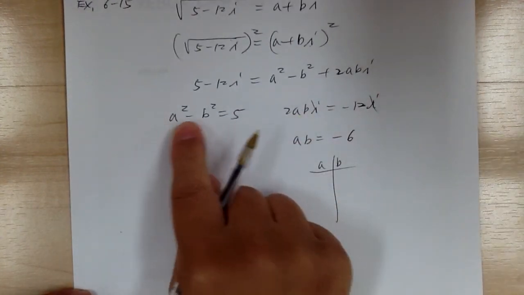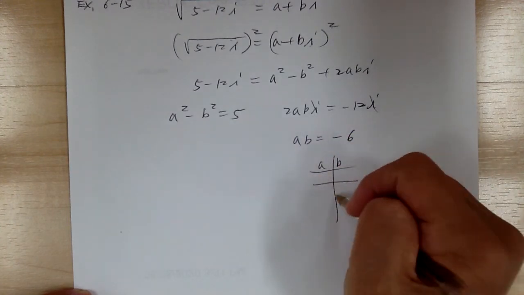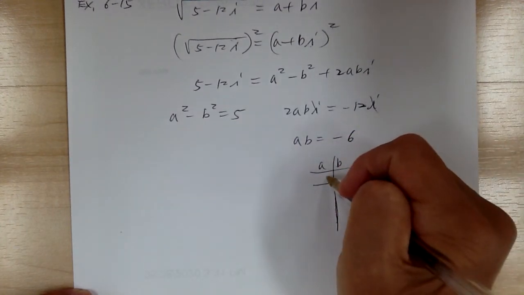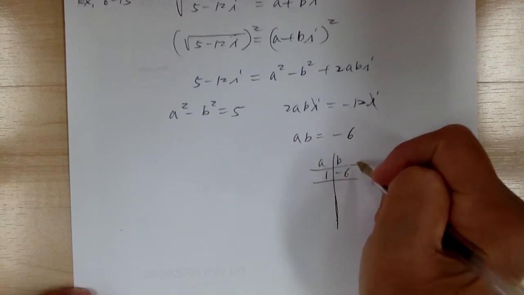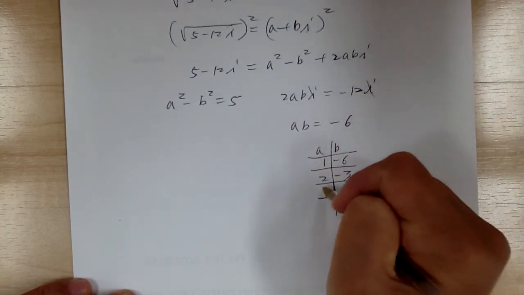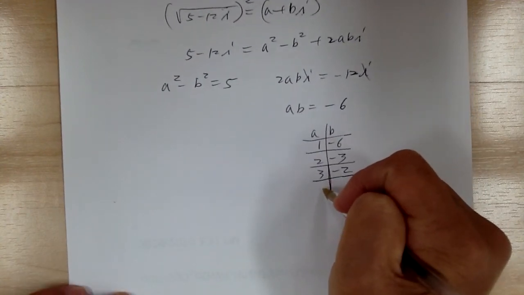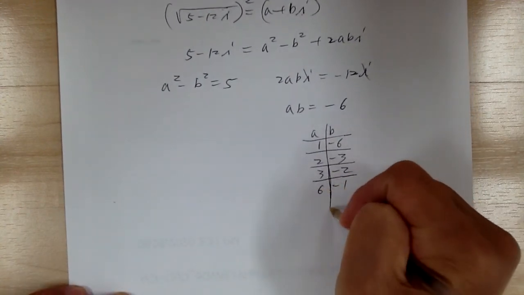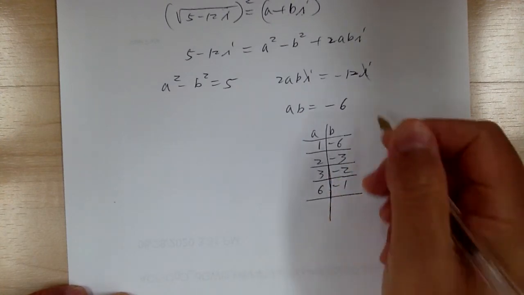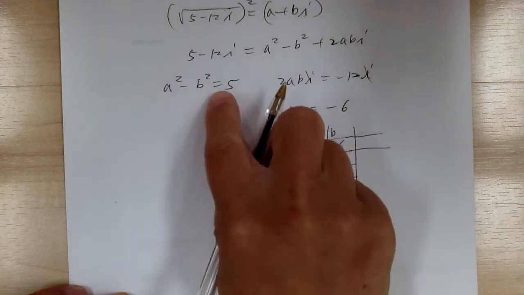Now since this minus that equal to 5, a should be bigger. So again, for -6, you can try 2 and -3, 3 and -2, and 6 and -1. So we can see that this is not going to work already, right? Because you have to be positive.